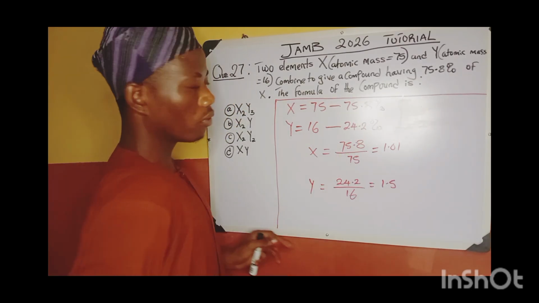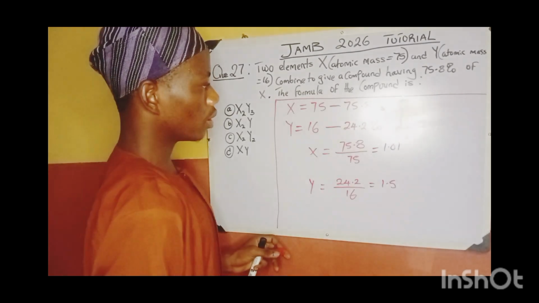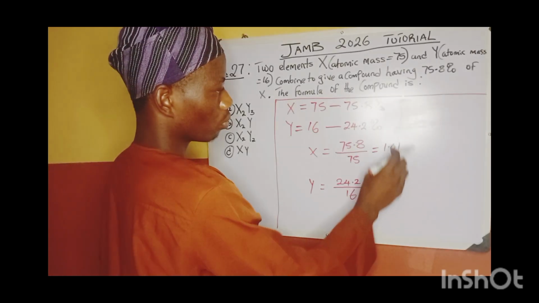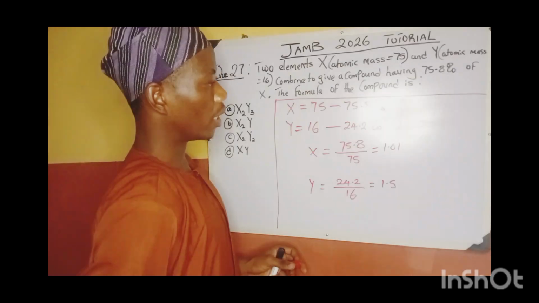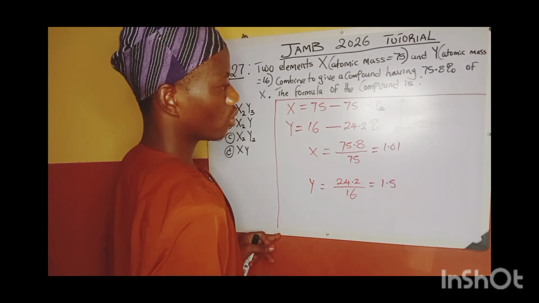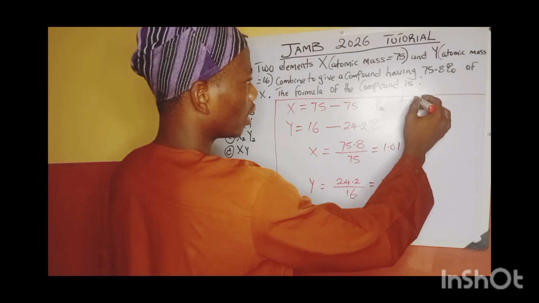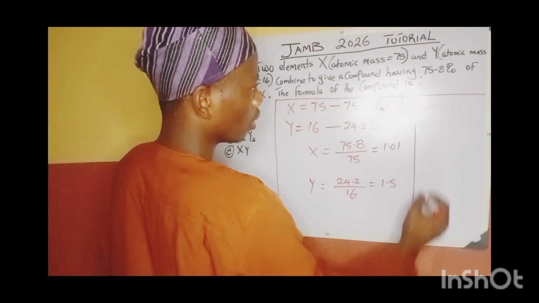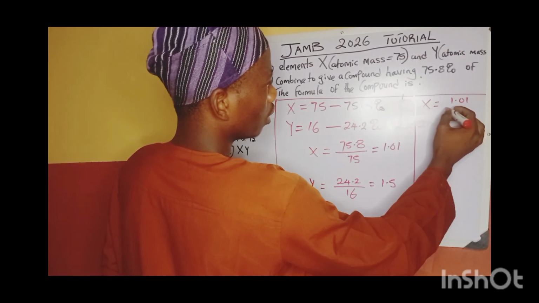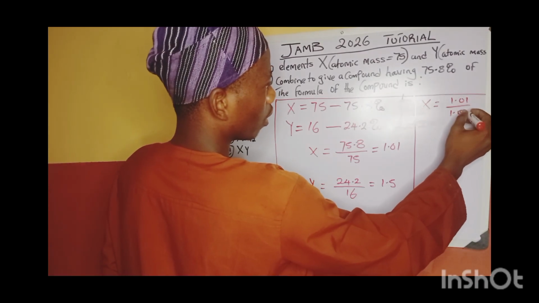So these are the two values you are going to have. Then what is the next thing? You take the smallest value out of these two and divide each one by it. So what's the smallest value? The smallest value is 1.01. You divide each one by 1.01. For X, it will be 1.01 divided by 1.01, which gives 1.